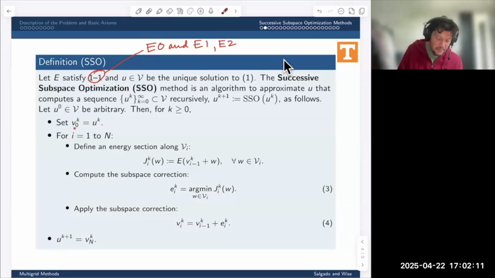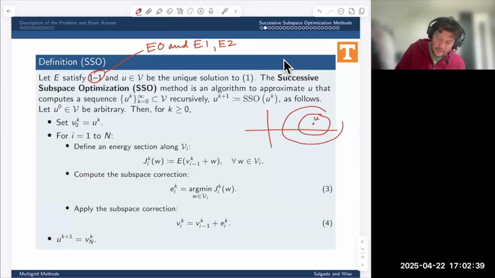I'm going to set V_0^k to just be U_k, and now generate V_1^k next, and then V_2^k up to V_N^k according to the following rules. I'm going to first create an energy section. A picture is quite useful in this case, I guess. So we have our U, and we have our level curves.